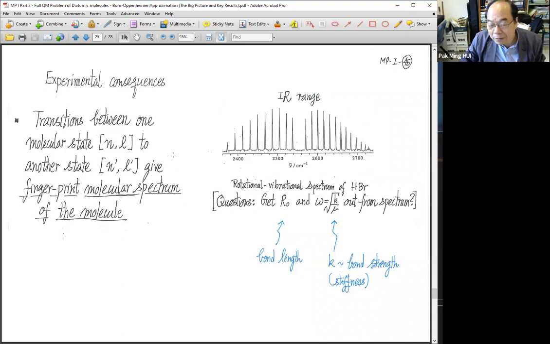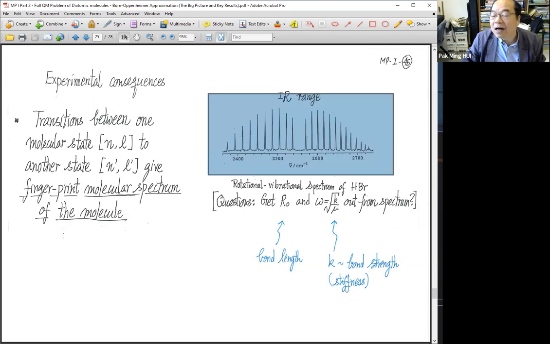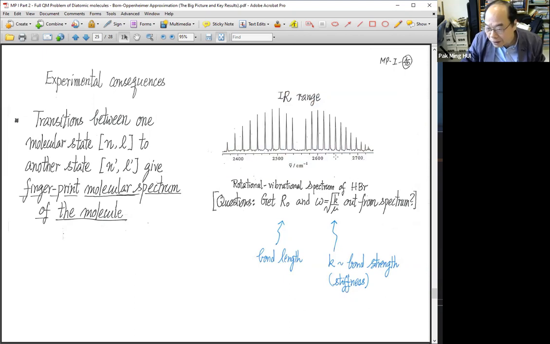Later on in our course, we will learn how to read out properties from this beautiful figure. For example, it looks like there is a missing line here, okay? So if we read out where is the missing line, well, what we think is a missing line, that will give us the stiffness of the bond, the spring constant.